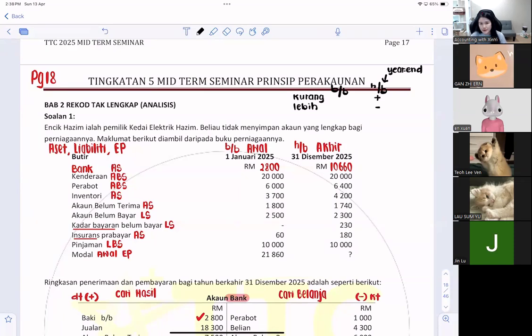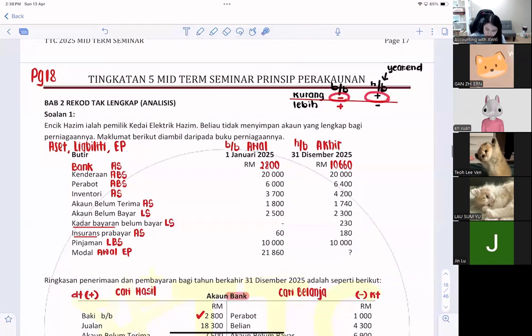So if that happens for baki HB, what should you do when it's terkurang or terlebih during beginning of the year? You would do a terbalik version of it. Negative, positive. So for terkurang, you are required to do negative, positive if there is a beginning and end. Okay, 2 steps. And then for terlebih, you're supposed to plus for the beginning of the year, minus for the end of the year. Okay, so this is what you do right now.